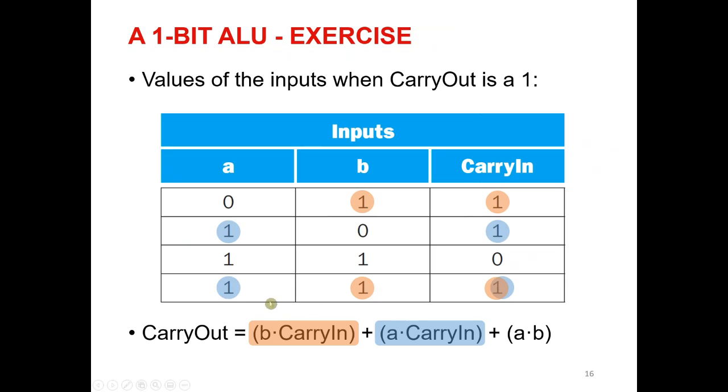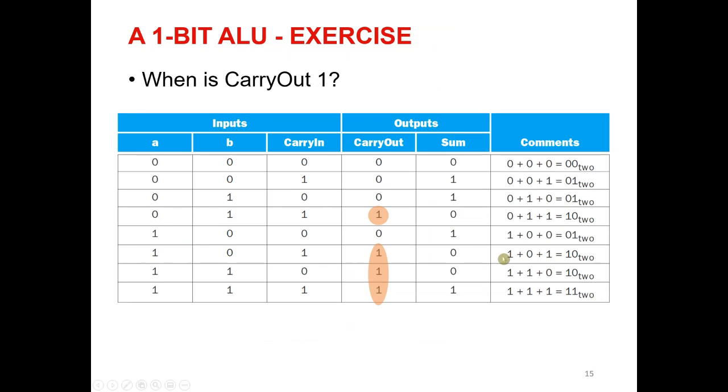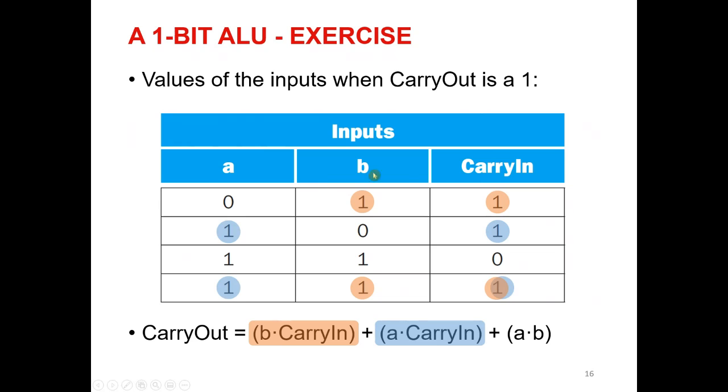And finally, if both A and B are 1, then I have also that the carry out is 1. Okay, so this will be the equation for the carry out. All we have done is just from this truth table select the values in which the carry out is 1. I discard the ones in which it is 0. Then I select the input values for when carry out is 1, and I build this logic equation.